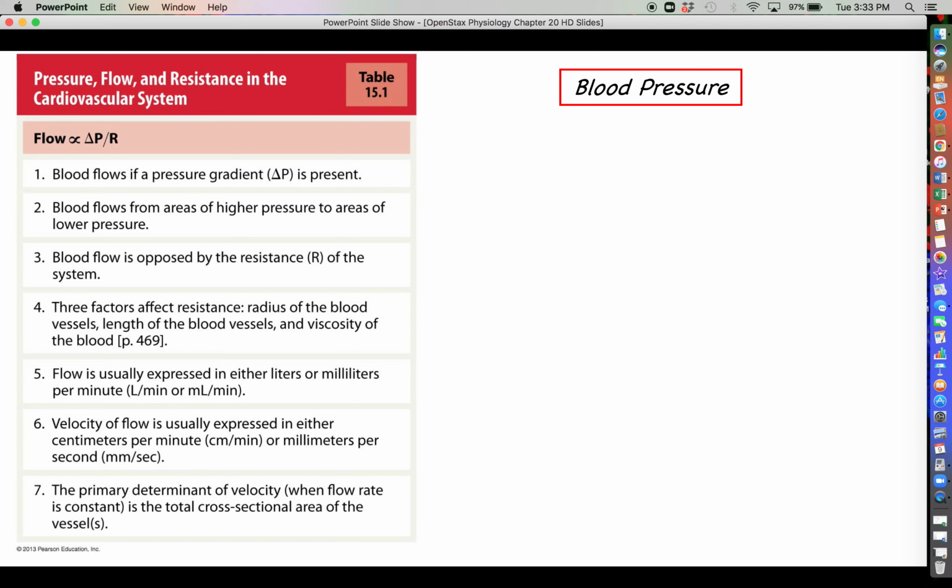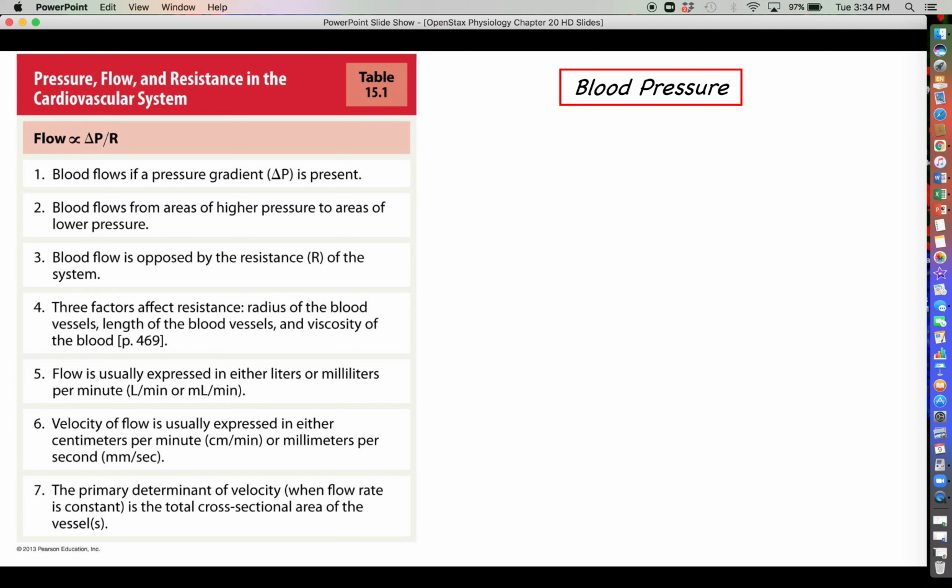Obviously if the two pressures are exactly the same, then delta P will be 0 and the blood flow will be 0. So in order to even begin talking about blood flowing from place to place in the circulation, you've got to have pressure differences. When a pressure difference does exist, blood will always flow from high pressure to low pressure. We've already covered that pretty extensively.